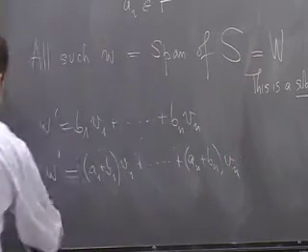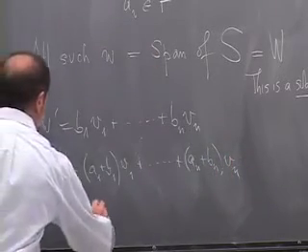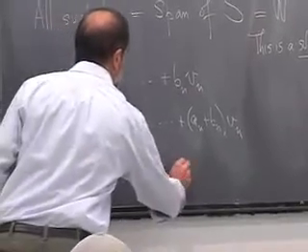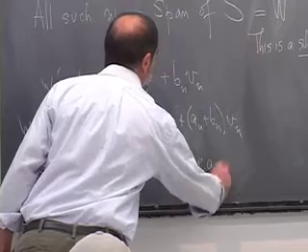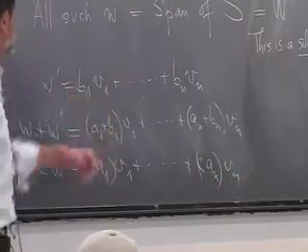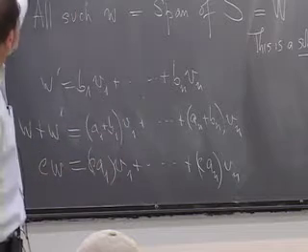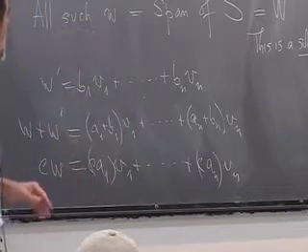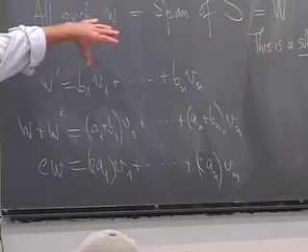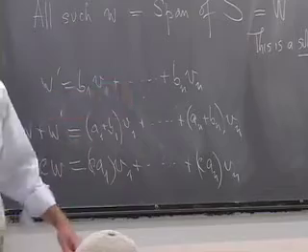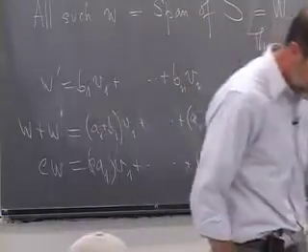And you find that a scalar C times W is C A1 times V1 plus ... plus C An times Vn. And since the field is closed under addition and multiplication, these vectors are of the same form as the original one. They're linear combinations of the Vi. And so you have a subset of V that's closed under addition and scalar multiplication. It's a subspace. That's called the span of those vectors.